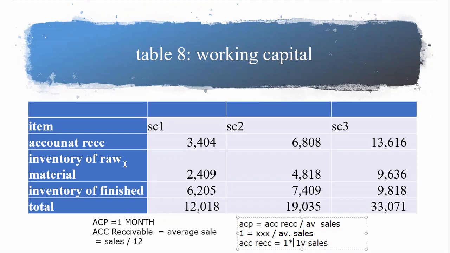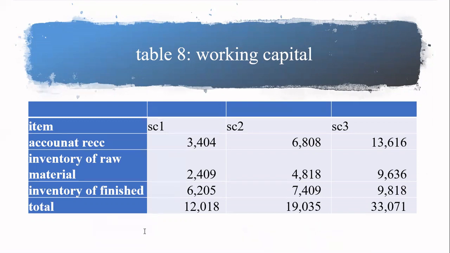If we look at the inventory of raw material, it will be the raw material divided by the coefficient. The inventory of finished goods depends on either operational cost or COGS. I have to look for the coefficient, meaning how many times.